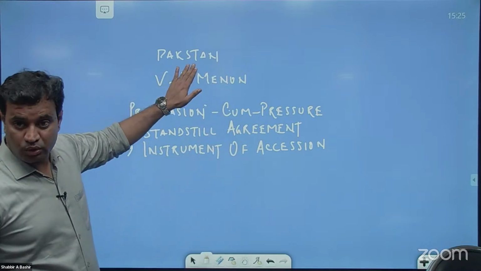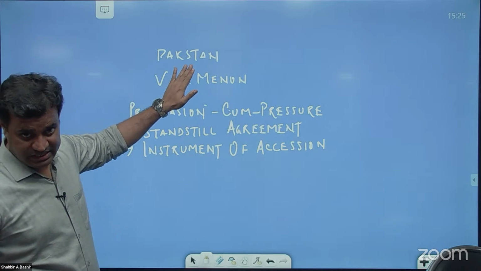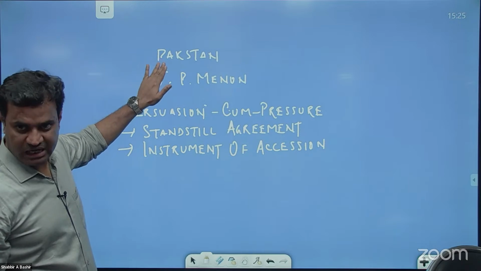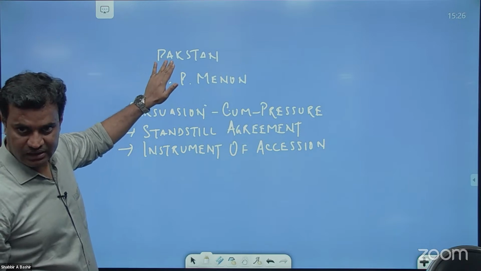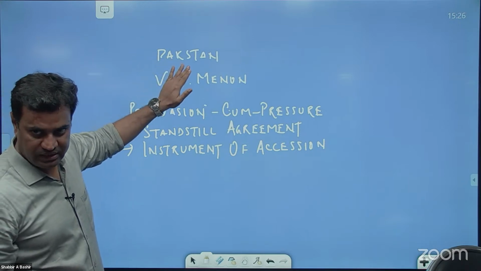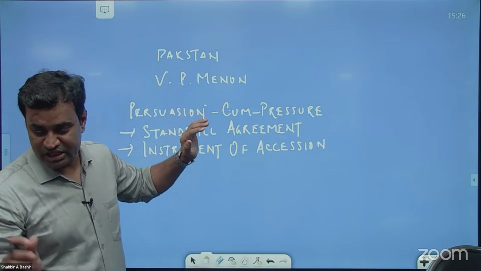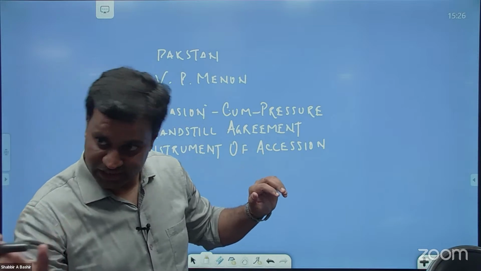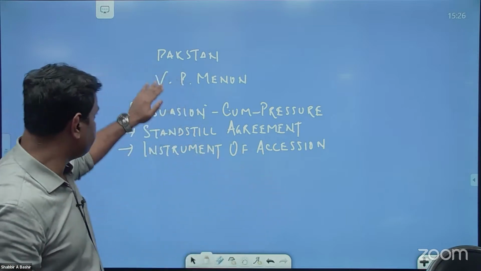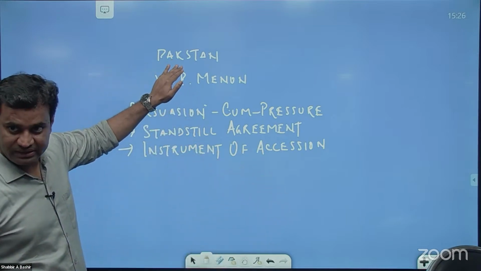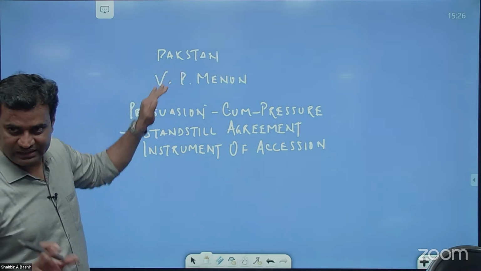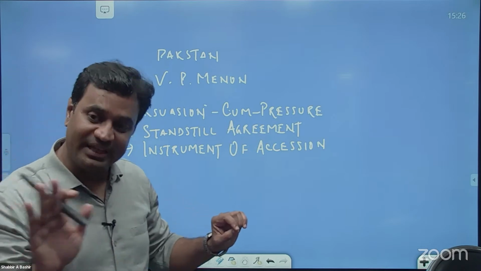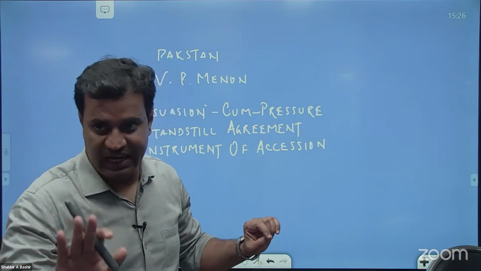Acronym Pakistan. Don't write I. This stands for Punjab, Afghanistan, Kashmir, Sindh, and Balochistan. Clear? This was the acronym coined to create a large Muslim country in the pre-independent era. Since Pakistan included Kashmir, they considered Kashmir to be an integral part of Pakistan. Clear? So they wanted Kashmir to be integrated even before India's independence.